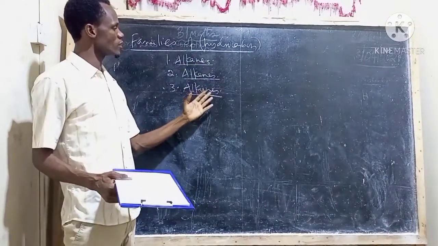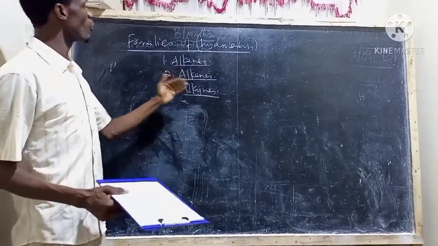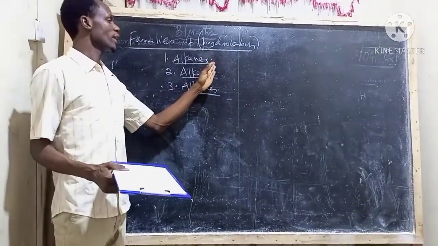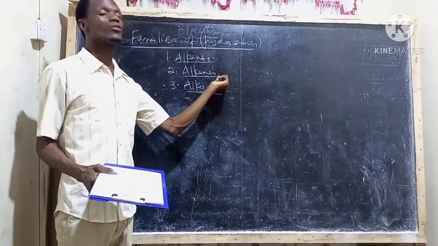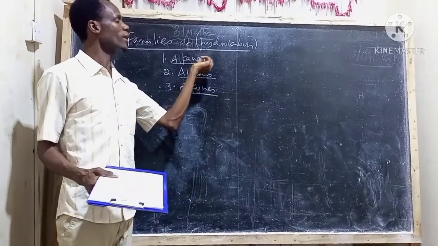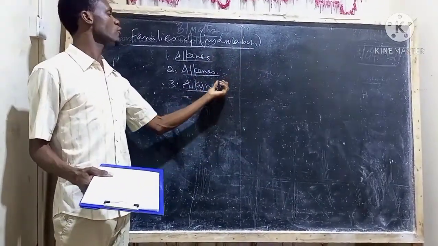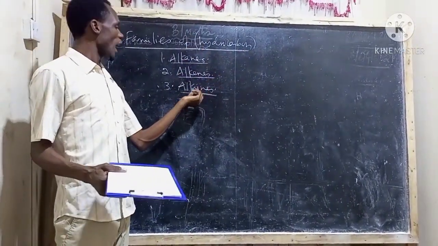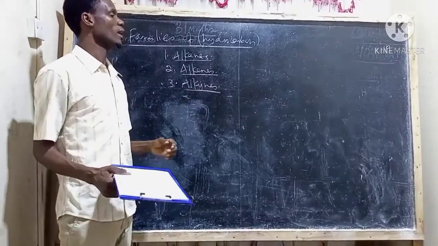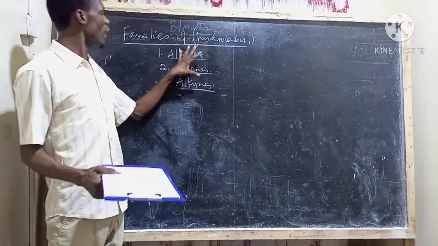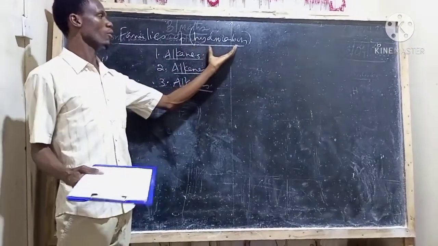Sometimes physical properties may be the same, but chemical properties are different. The reaction between alkenes and other elements is quite different from the reaction between alkane and other elements, and also quite different from alkynes and the other elements. So these are the families of hydrocarbons.